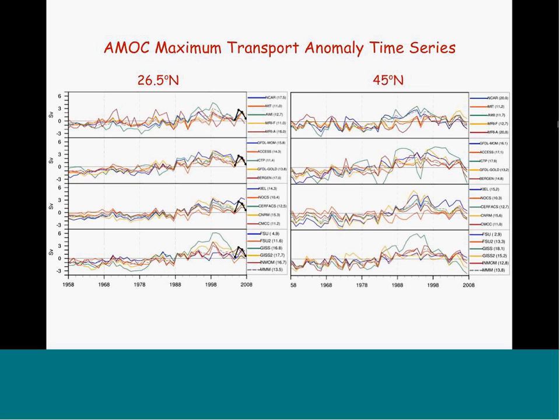The maximum transport time series is getting into some variability, at 26.5 and 45 north. 26.5 was chosen because RAPID is there, shown by the black line at the end. It's a very short period, of course, in this comparison. And 45 north is sort of representing the mid-latitude AMOC variability. You can see quite large differences among the models, but you can also see common features.